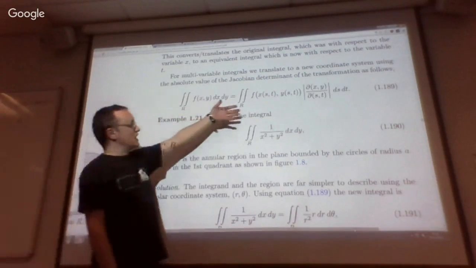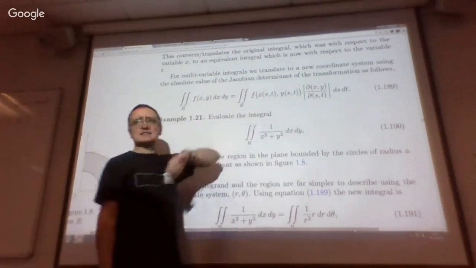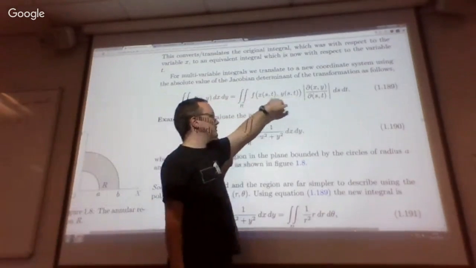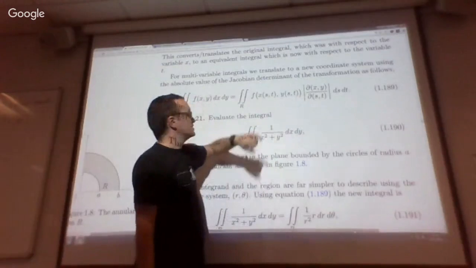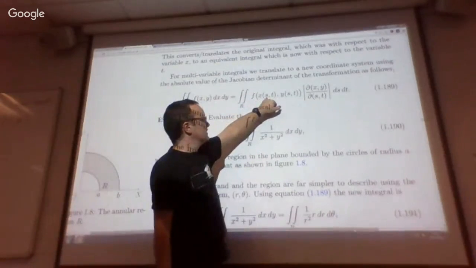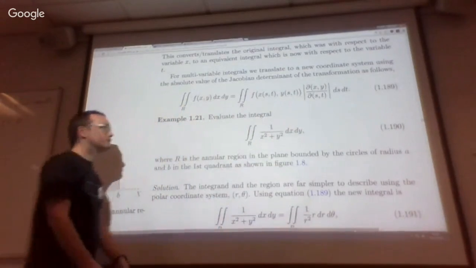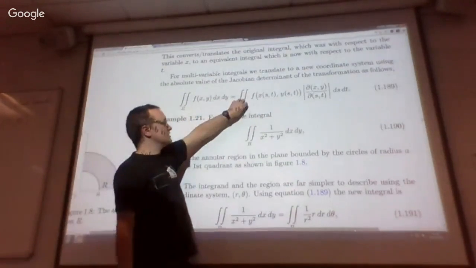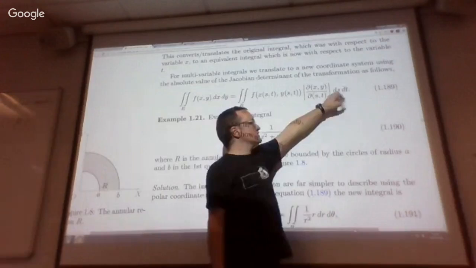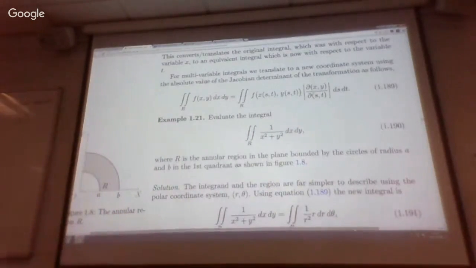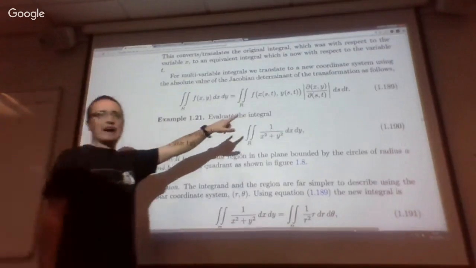Here it's presented in general. The new coordinate system is indicated as s and t. So we replace x and y with their equivalents in s and t. We have some function x in terms of s and t, and y in terms of s and t. We still have the same region. Of course, we have the new pair of differentials, ds and dt, and then we have this extra factor.